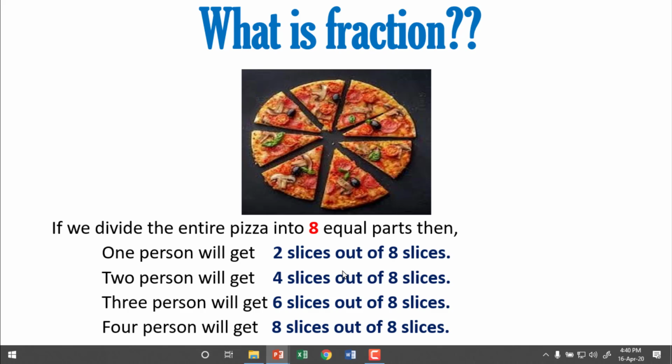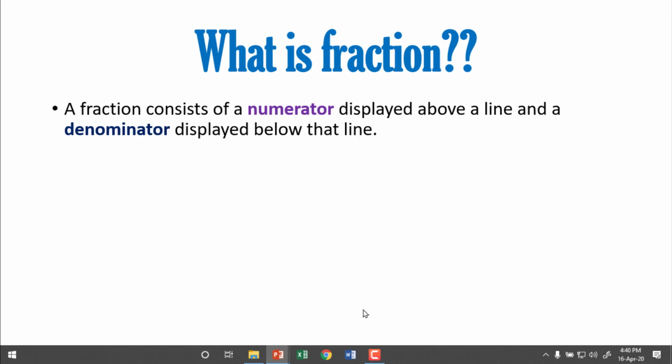Let's see how we write fraction mathematically. In mathematics, a fraction consists of a numerator displayed above a line and a denominator displayed below that line. That means there will be a line, and above the line there will be numerator and below the line there will be denominator.